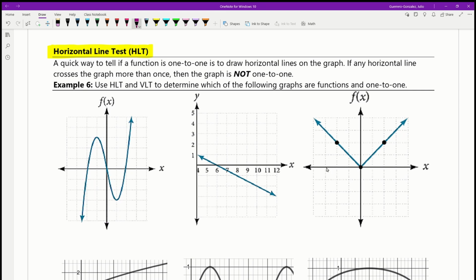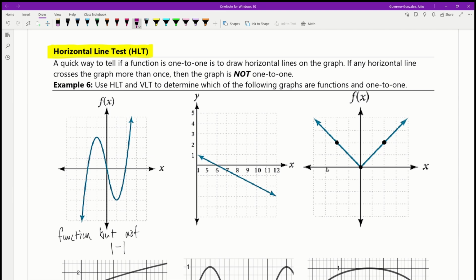But take a look: if I draw that line, it hits my graph 3 times. This is not one-to-one. So this right here is a function, but not one-to-one.